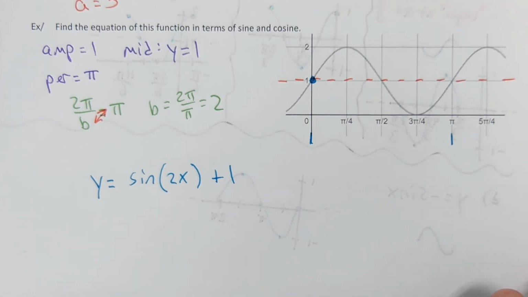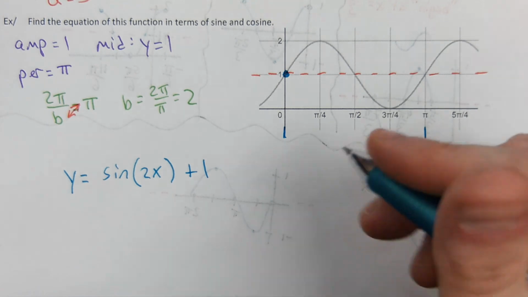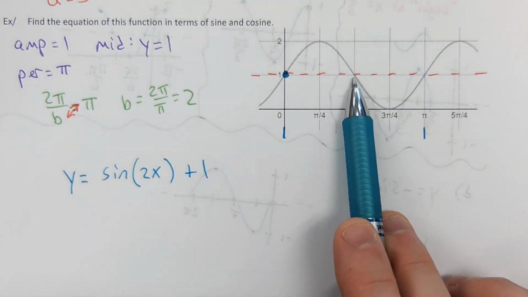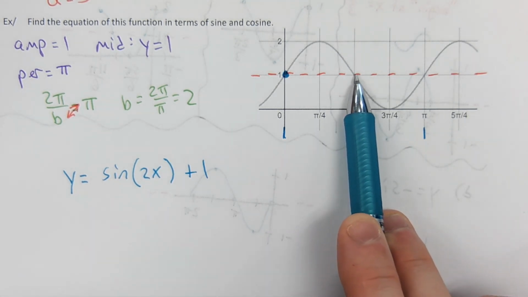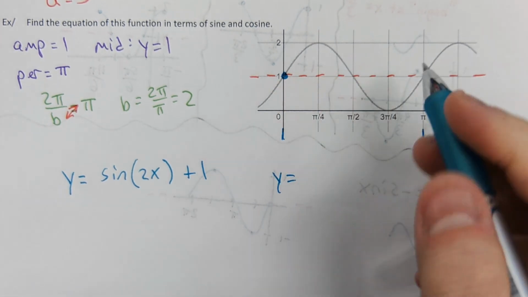Did I have to start it there? No. I could have been super duper extra if I wanted to, and I could have said it started there and made it a negative sine wave. So might as well. Let's say I'm starting here now.